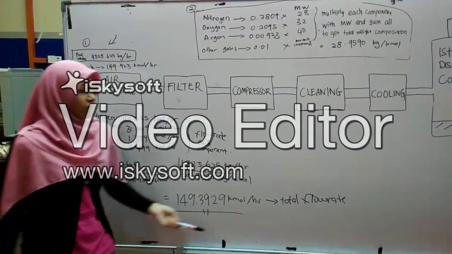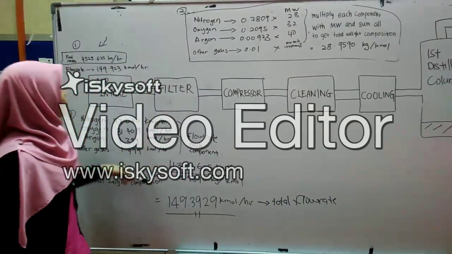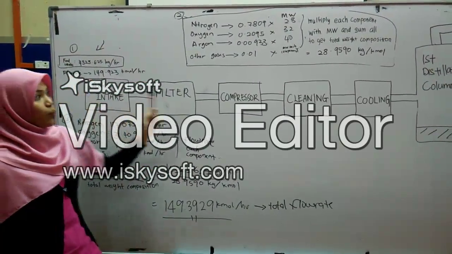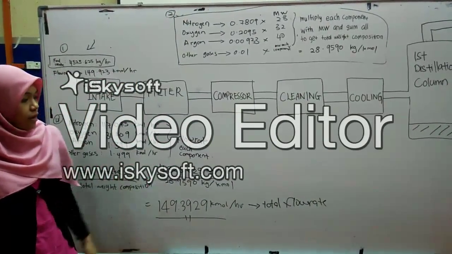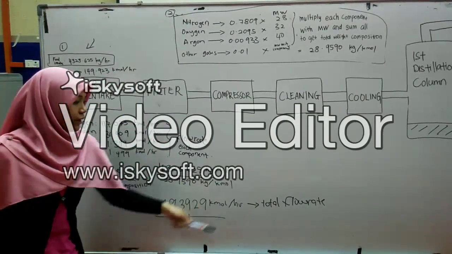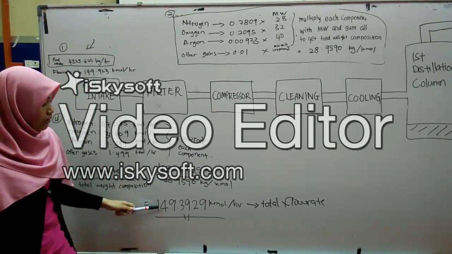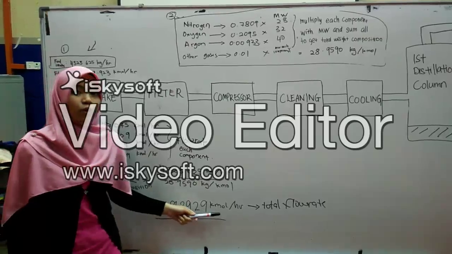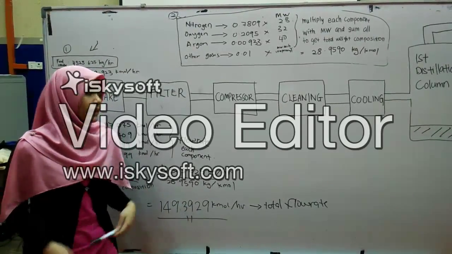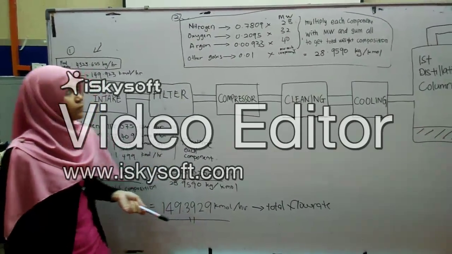After that, we have to calculate the total flow rate by dividing the feed intake with the total weight composition. So after we get the total flow rate composition, that is 149.3929 kmol per hour, we need to calculate the flow rate for each component.